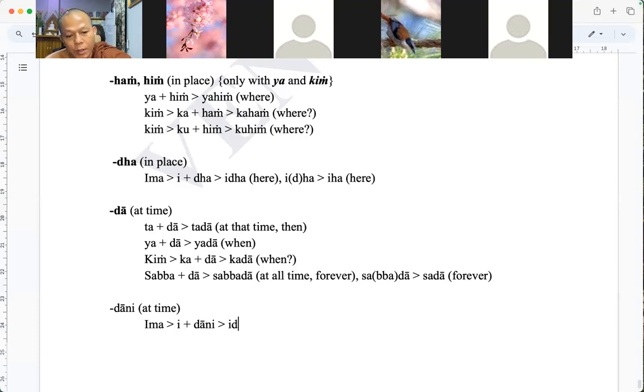So we have eda ni, edani. That means at this time or now. And from edani, these are also reduced again, so that is only dani also we can see. That one also means now. Dani, idani in this way.